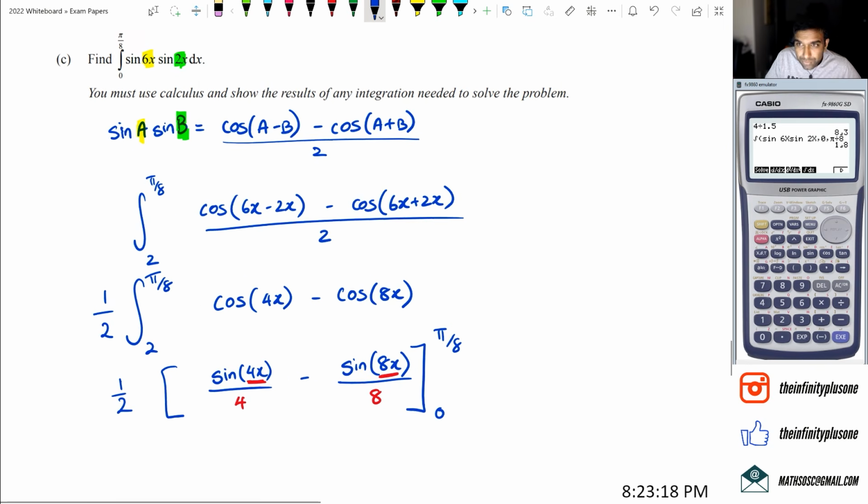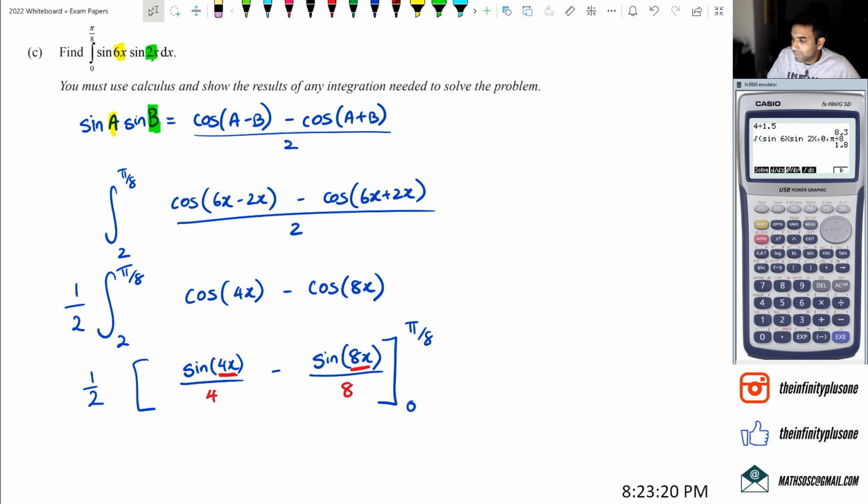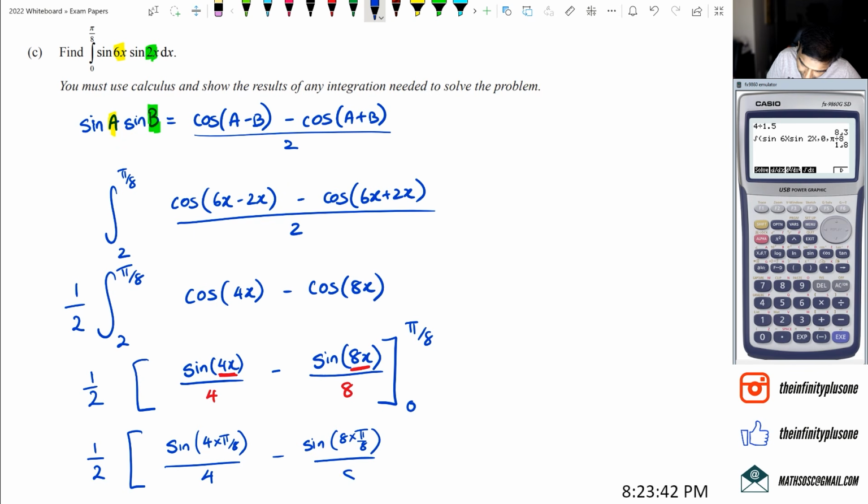Now, here is my lazy trick that I will actually tell you guys, all right? At this point, what I tend to do is go half of, and I actually write this down so I can show the marker that I know what I'm doing here, minus sine of 8 times pi over 8, over 8.